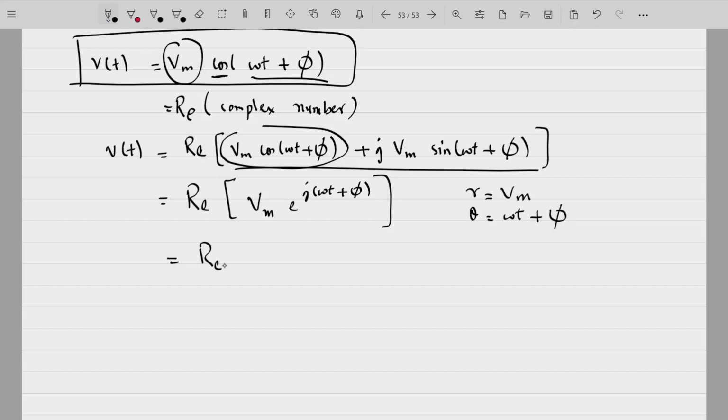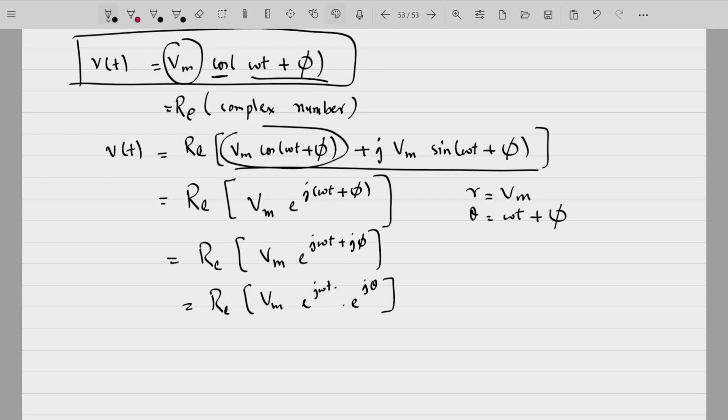So real part of Vm e raised power j omega t plus phi, breaking down this exponential, this is e raised power j omega t into e raised power j phi. Which implies real of Vm e raised power j omega t into e raised power j phi.